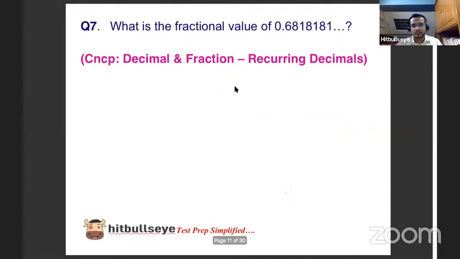Now please find the fractional value for this one. There is one more component to it. We will see. Please attempt this question first. Quick, 30 seconds.